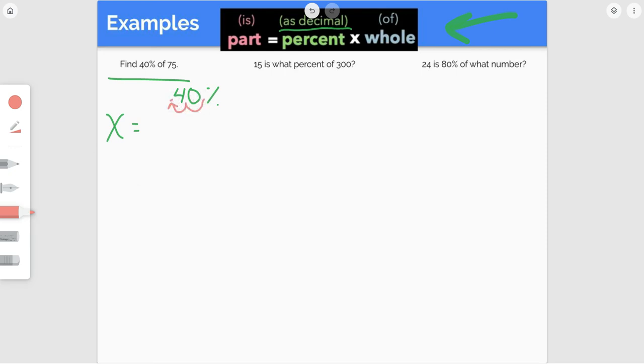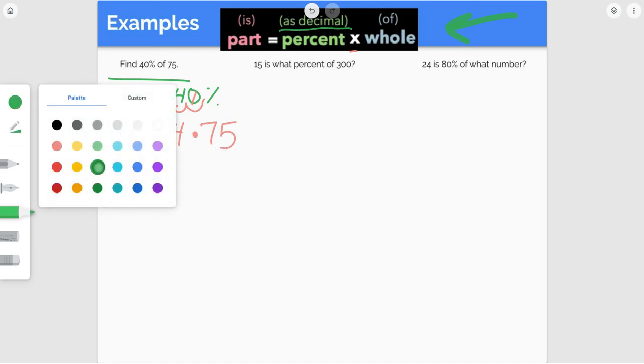So that gives me 0.4, right? I don't really need this 0 to the right of my 4. And I'm going to multiply that, right, because this x is multiplication, by the whole, or 75. The whole is usually after the word of. So by 75. Now I'm going to go back to green.